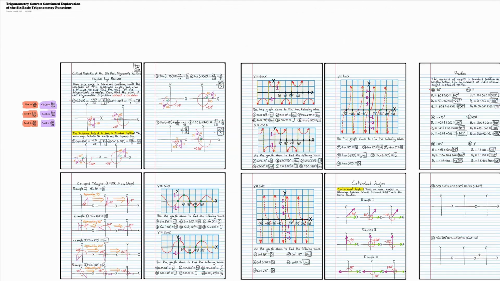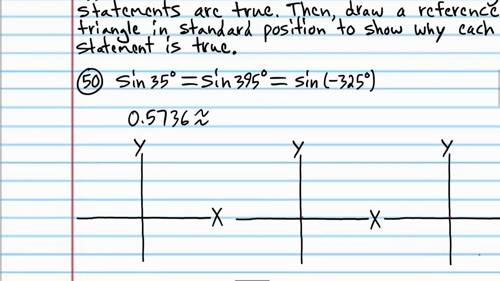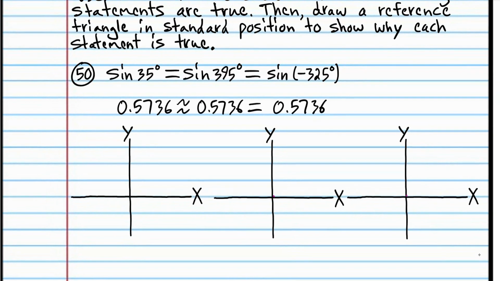And if you calculate the value of sine 395 degrees, then you get the same thing, 0.5736. And same thing with this value here. So you can enter those into your calculator and verify that you get the same number.